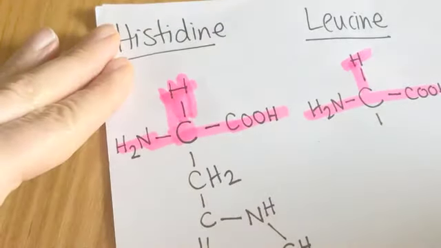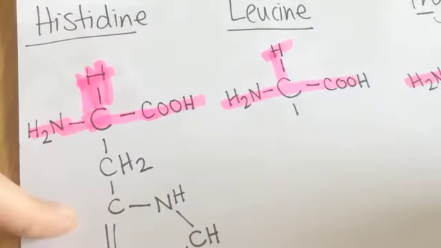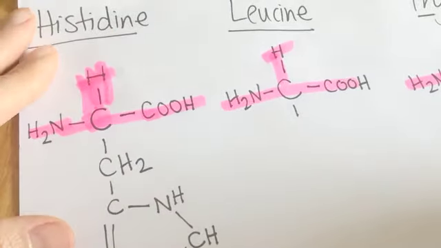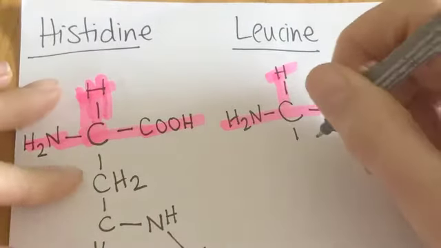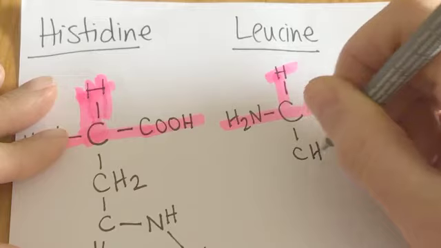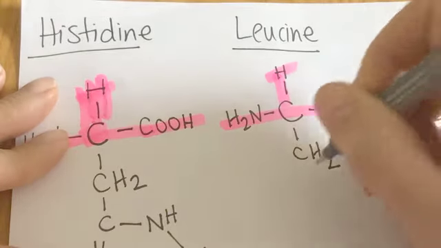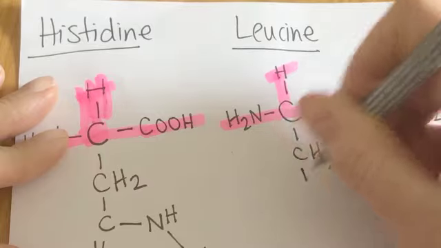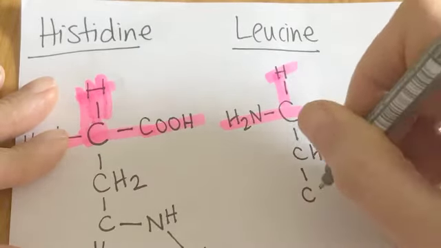So moving on, we're moving to leucine now. Leucine is significantly easier than histidine. Similar to histidine, we're going to start off with a CH2 coming off. From that CH2, we're going to have a CH.